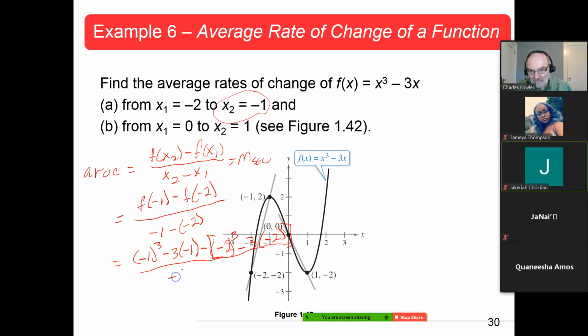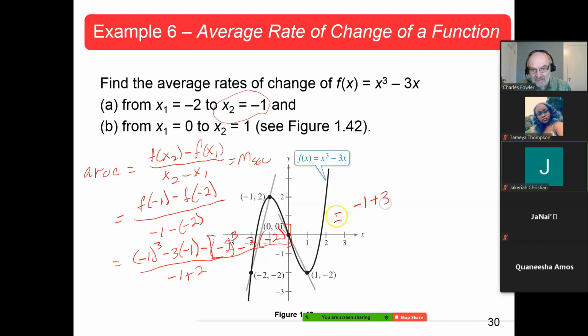And all this is divided by, well, let's go on and do this. This is minus 1 minus a minus is plus 2. We'll get to that in a minute. Let's continue over here. Negative 1 cubed is negative 1. And minus 3 times negative 1 is plus 3.